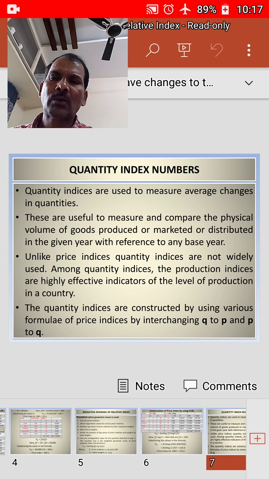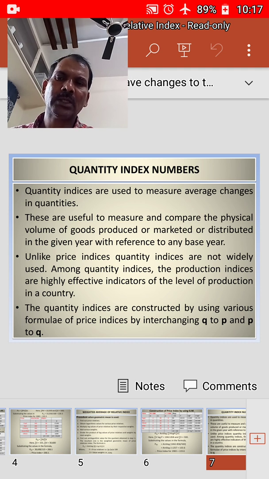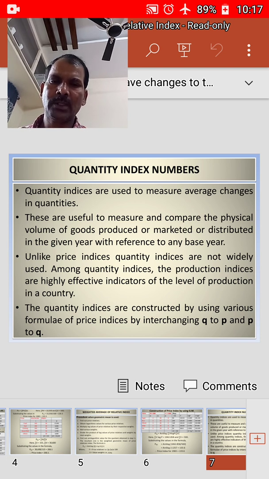The quantity indices are constructed by using various formulae of price indices by interchanging q to p and p to q.